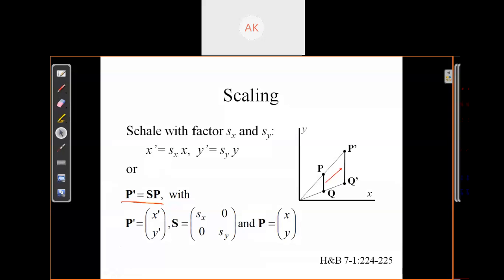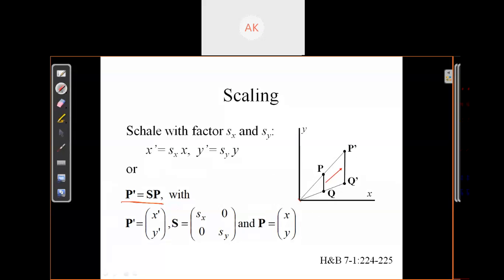Different cases we have discussed, when the sx and sy values are greater than 1, less than 1, equal or not equal. All the cases we have discussed. Now, we can control the location of the scaled object by choosing a position called the fixed point.